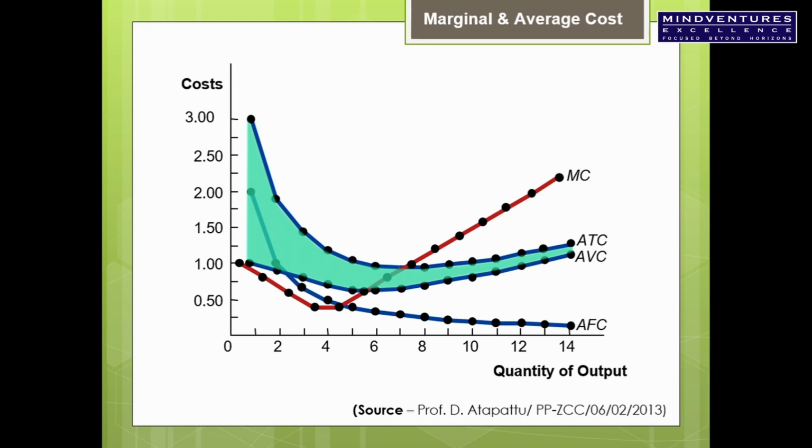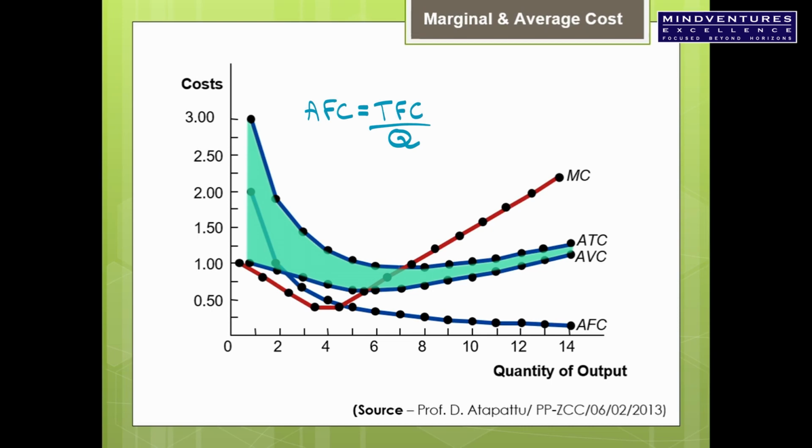The reason is AFC. As all of you guys know, the difference between ATC and AVC is average fixed cost. What is average fixed cost? Total fixed cost divided by quantity of output. Average variable cost is total variable cost divided by quantity of output. Now the most important point to recognize here is that even though total fixed cost does not change as quantity of output increases, it is not the case when it comes to average fixed cost. Average fixed cost is measured as total fixed cost divided by quantity.